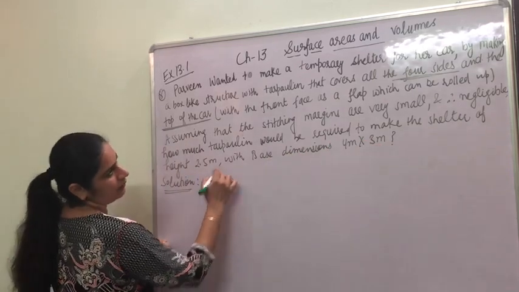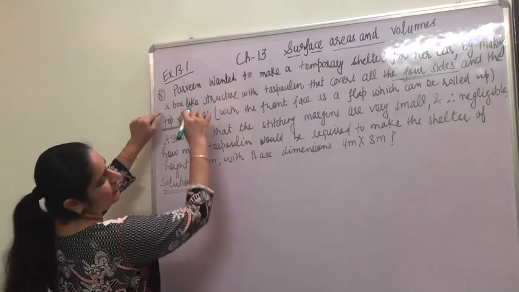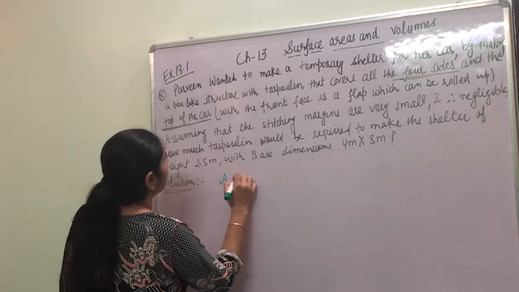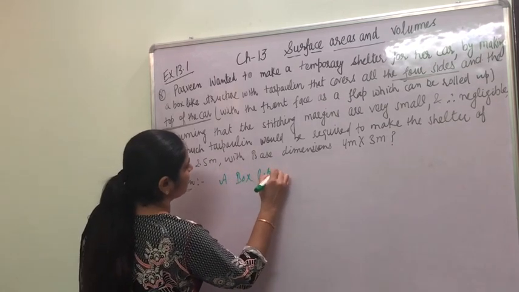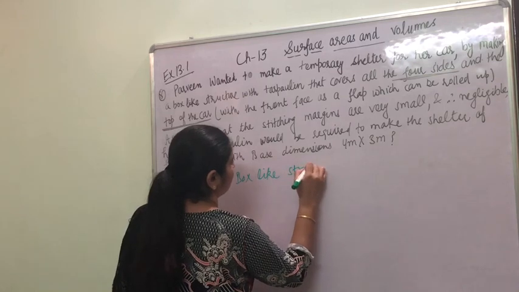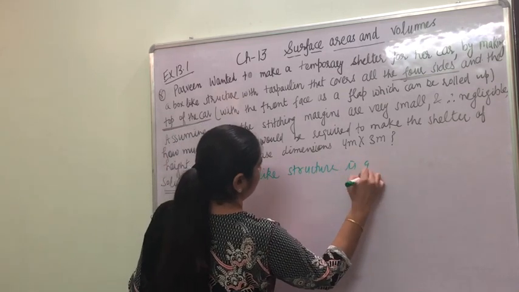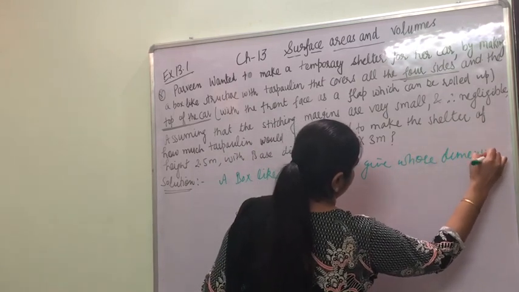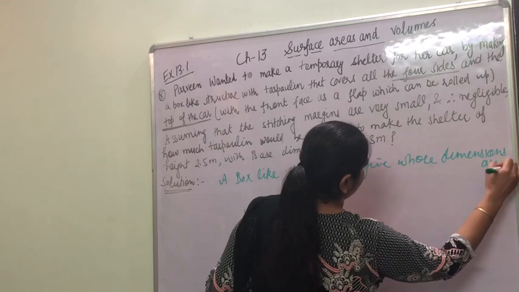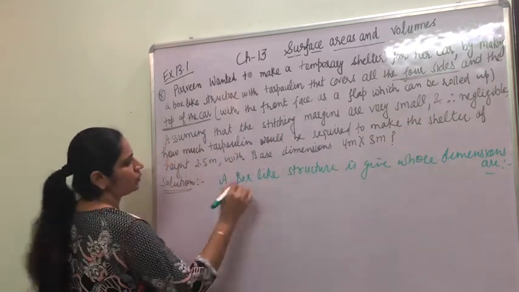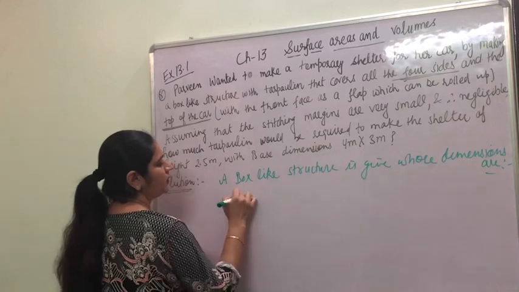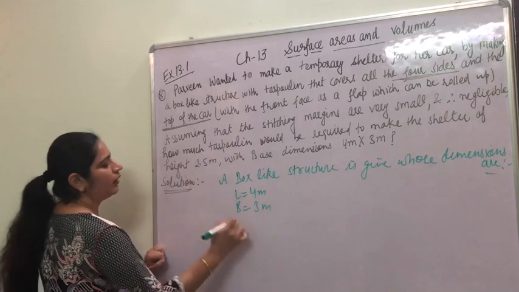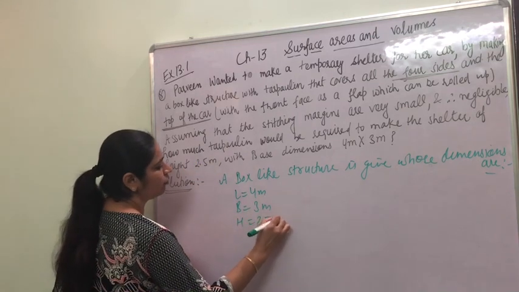Here we can write, in the first line they are saying this is a box-like structure, or simply we can write tarpaulin is given whose dimensions are, base dimension means length is given 4 meter, breadth is 3 meter and height is given 2.5 meter.